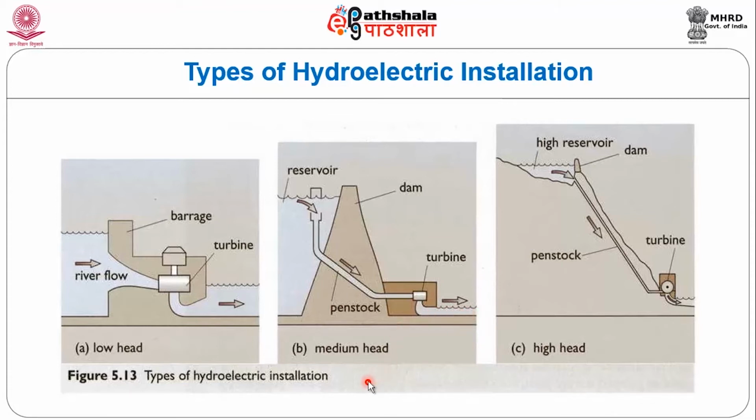This is about the medium head. And this is the high head, a huge reservoir and big dam, and the water is stored here, and through the long penstock it comes down with very high pressure and velocity. It enters the hydraulic turbine, which generates mechanical power, and again it is converted into electric power through the generator, and then it goes via the tail race for agricultural purposes. These are the various types of hydroelectric power.